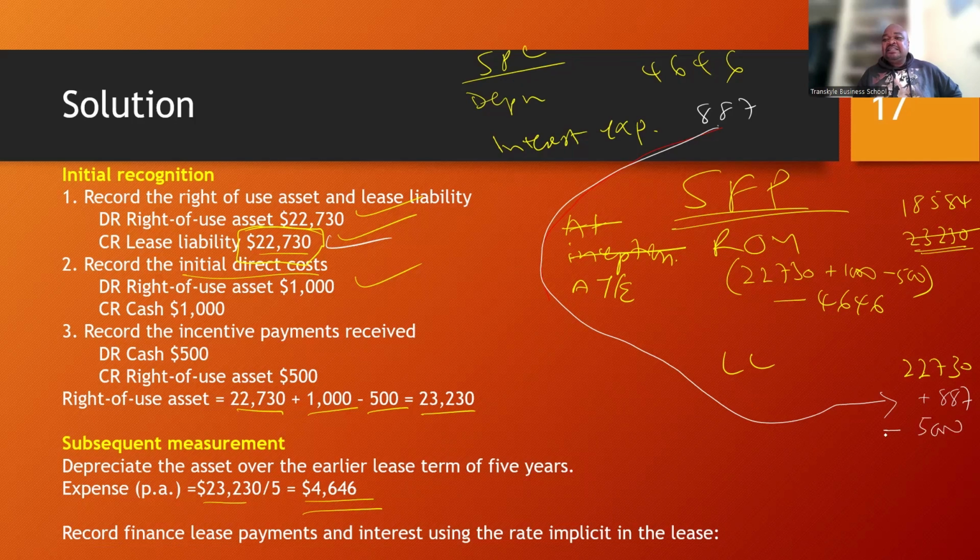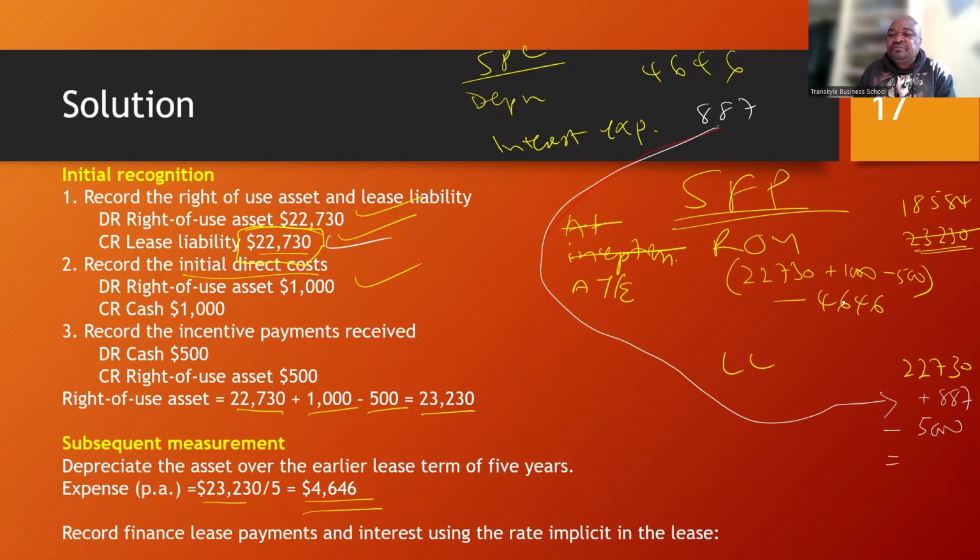So in the SFP, at the end of the year, we should have, let me just do the computations, 22,730 plus 887 minus 5,000.